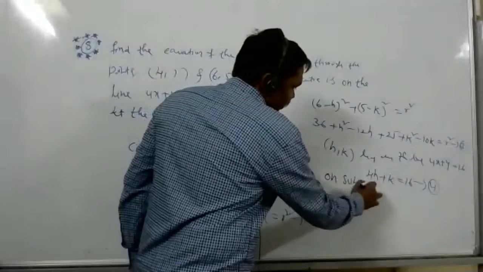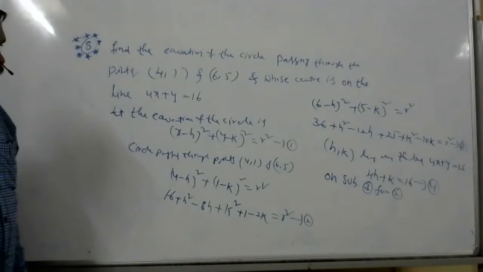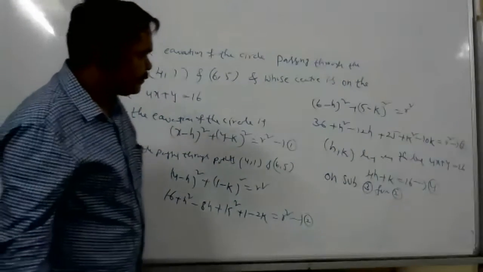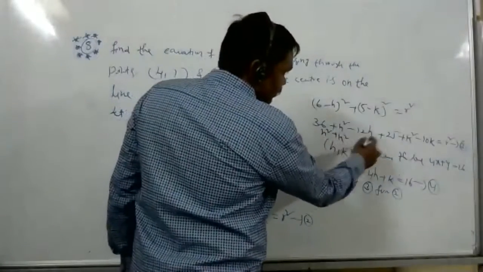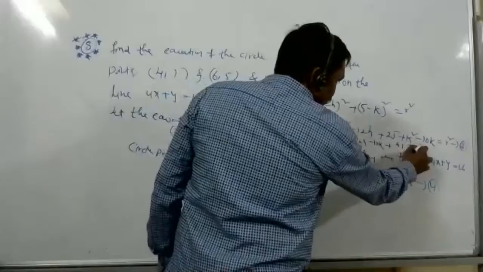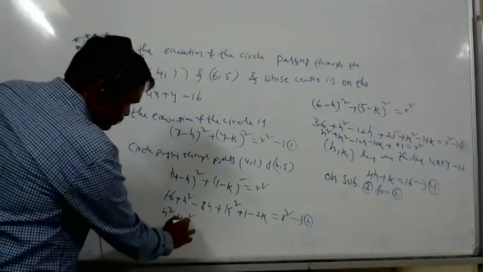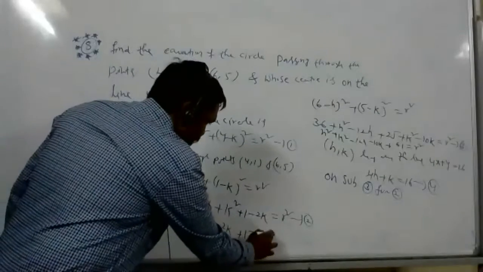On subtracting 3 from 2, we get: h square plus k square minus 12h minus 10k plus 61 is equal to r square, and h square plus k square minus 8h minus 2k plus 17 is equal to r square.